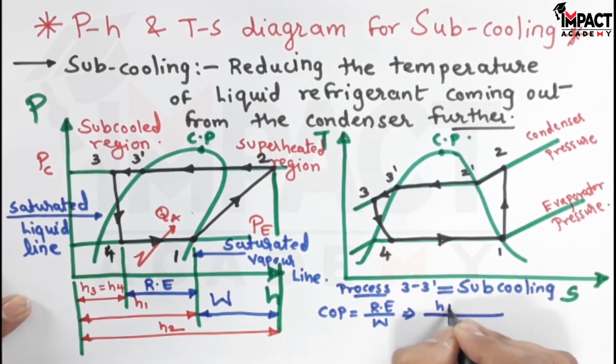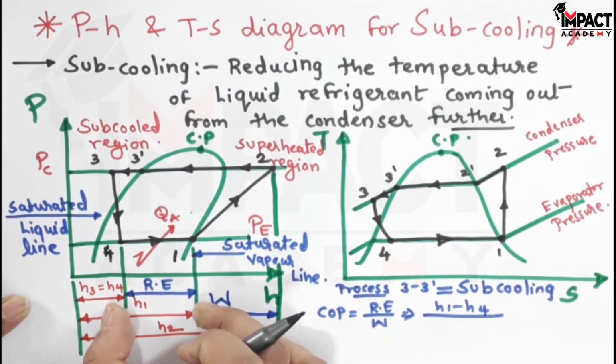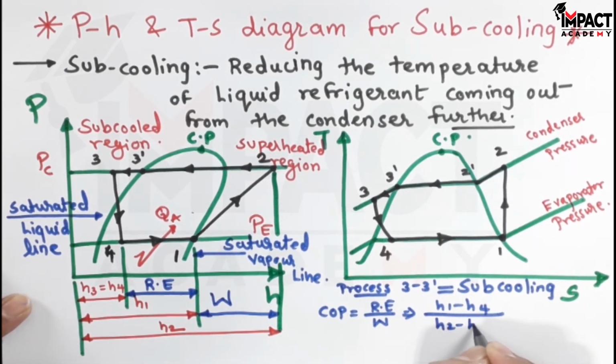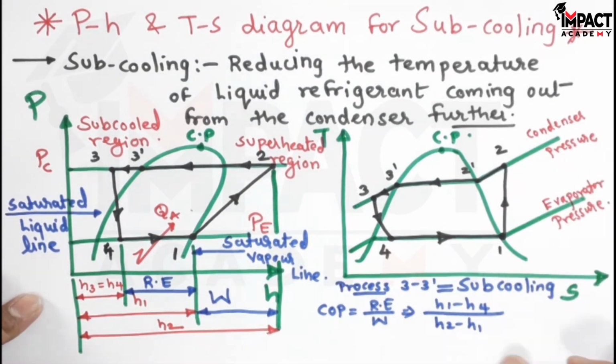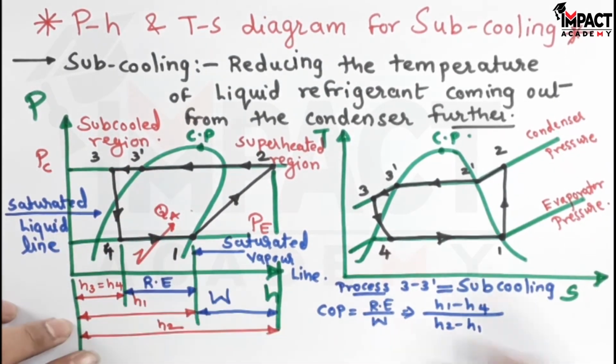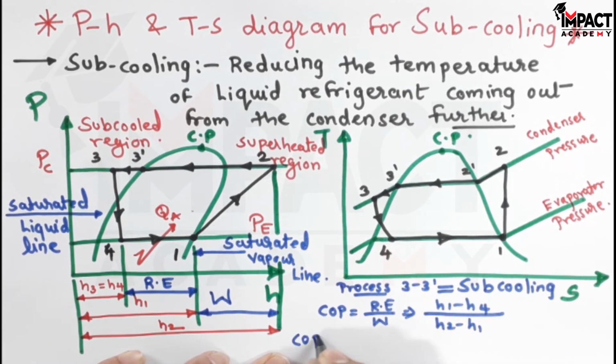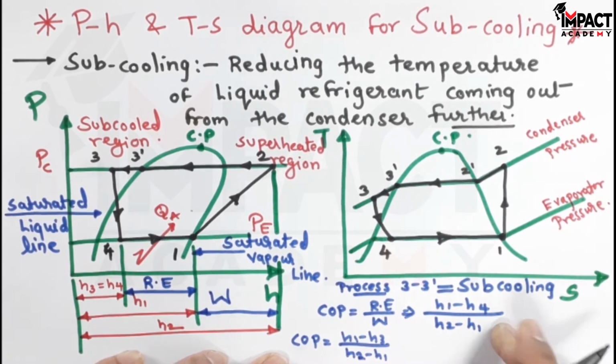Refrigeration effect is H1 minus H4, which we are getting in the evaporator. Work input is H2 minus H1 for the compressor. Then H4 is equal to H3, because it is a constant enthalpy process. So COP would finally be H1 minus H3 upon H2 minus H1.